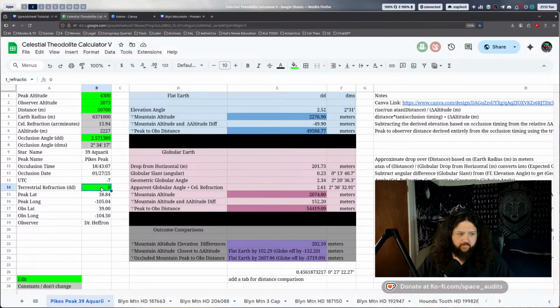But while that's 0, you can take the flat Earth delta altitude in E5, add it to the globe Earth drop in E11, and that will always be the globe mountain altitude difference in E16. And you already knew that. You just add one to the other, and that explains their difference. So it's always the globe drop, like you already knew.